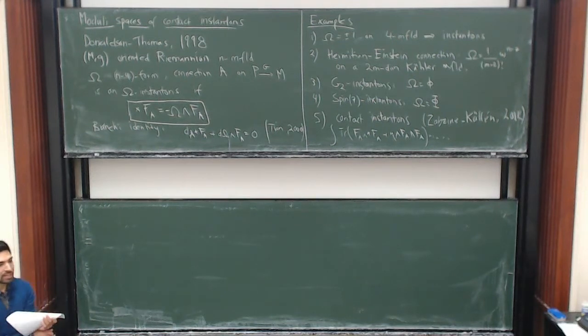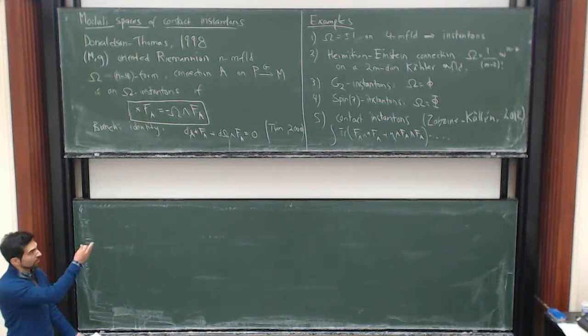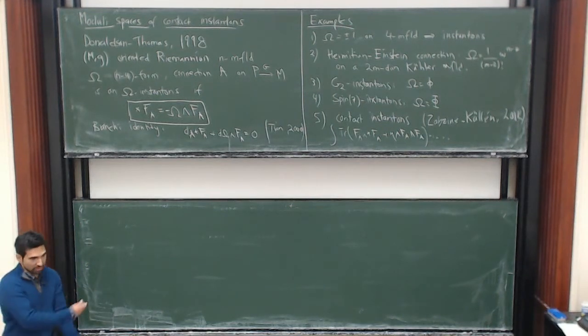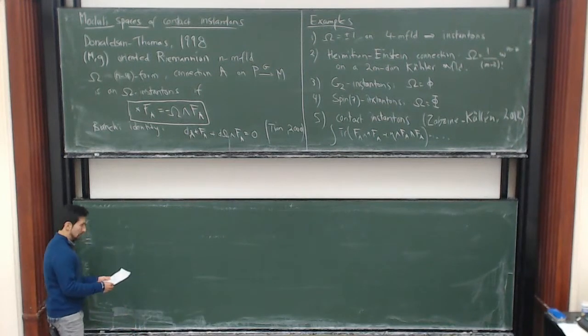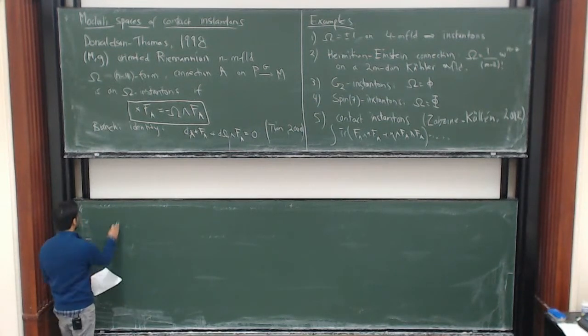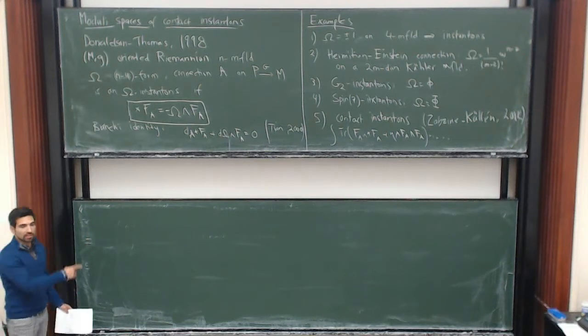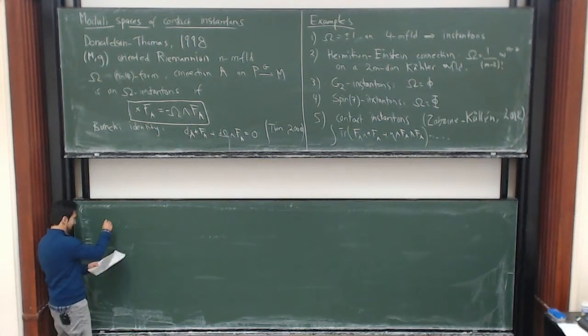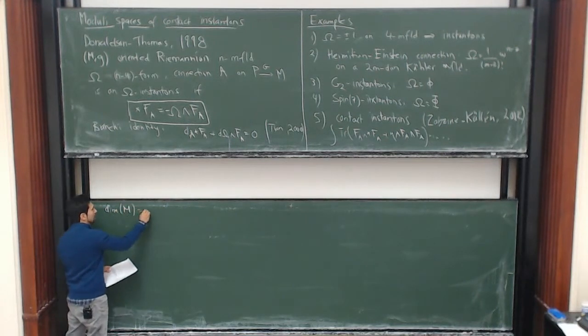Omega is eta, the contact one form, which is obviously nowhere vanishing. But this is in more dimensions, so star F is not a 2-4.